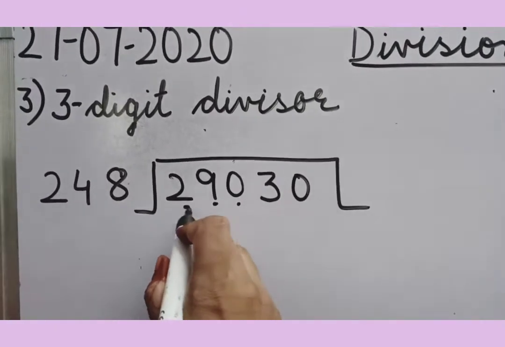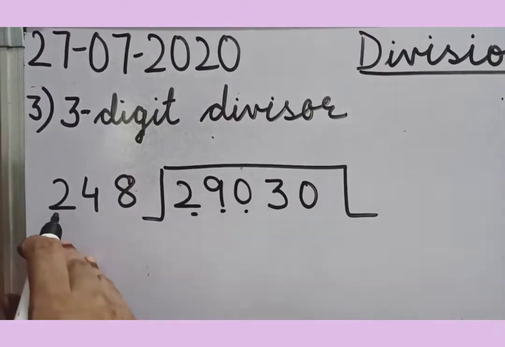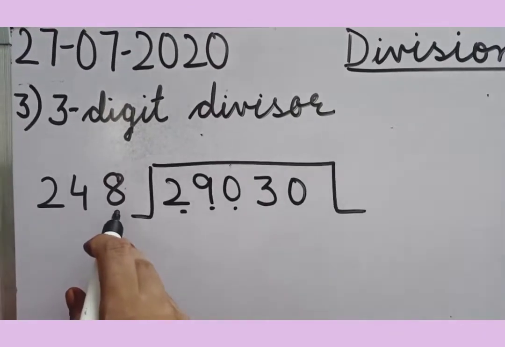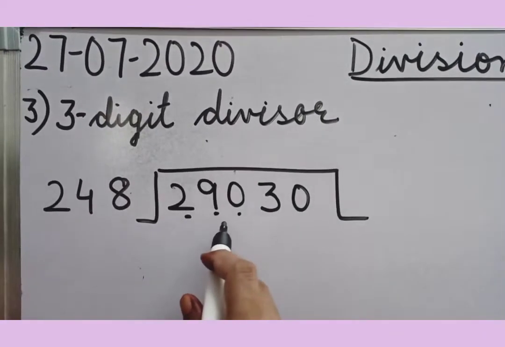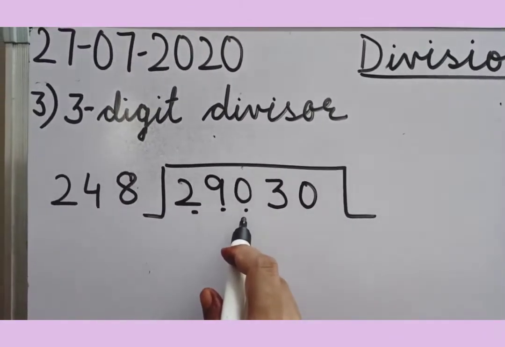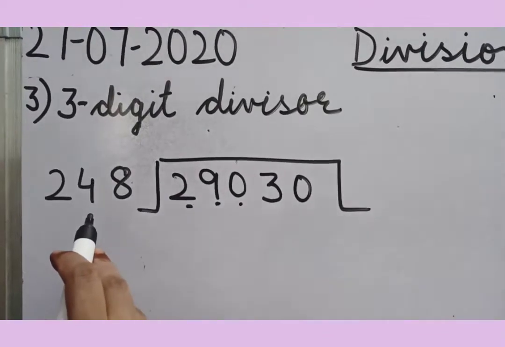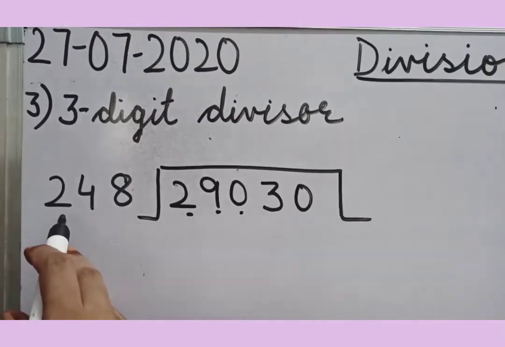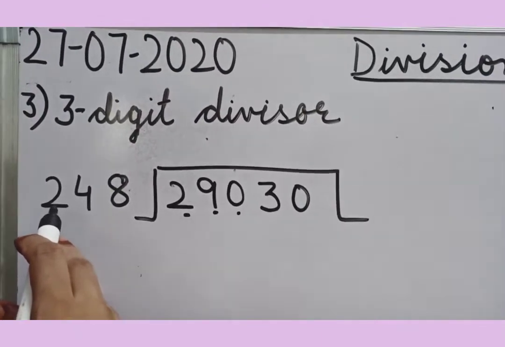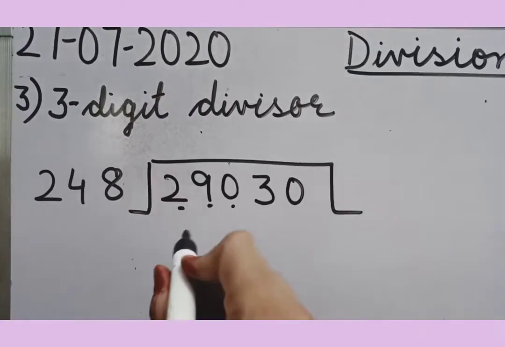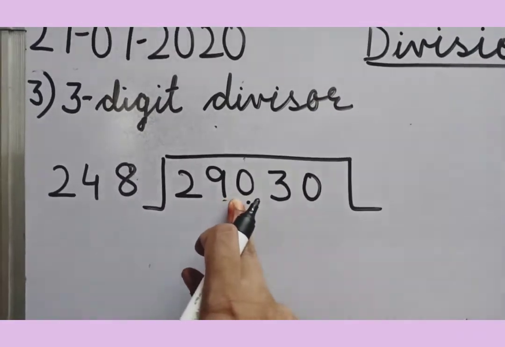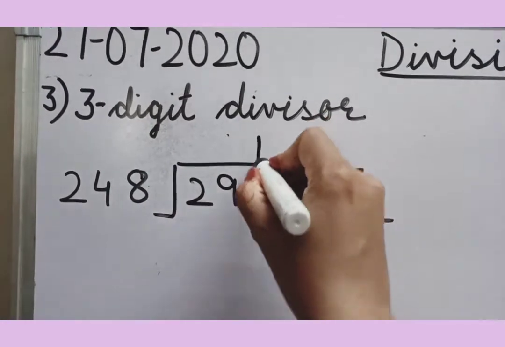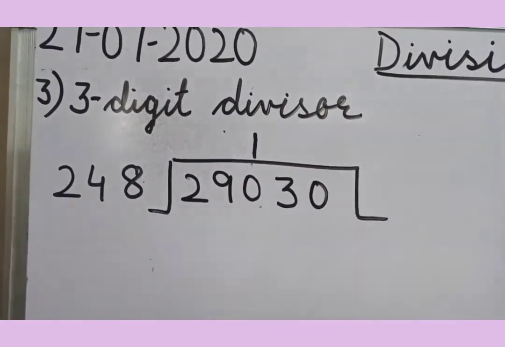Now since it is 290 and this is 248, of course 248 is less than 290, and the multiplication of 248 by 2 will give you some answer above 400, isn't it? Because 2 fours is 8. So without writing the table, we can come to know that our first step is 248 once.